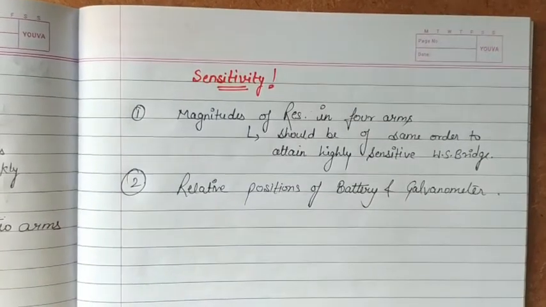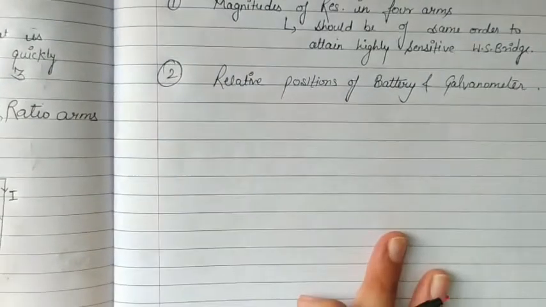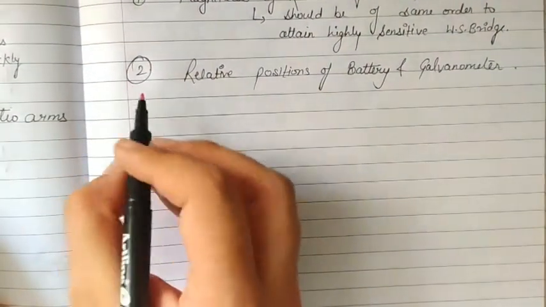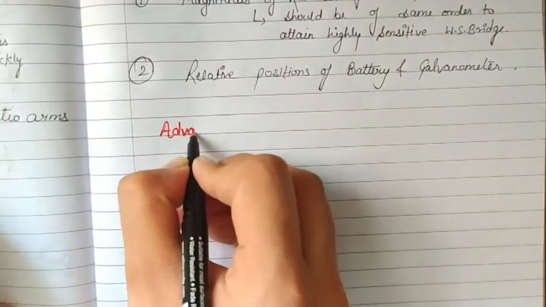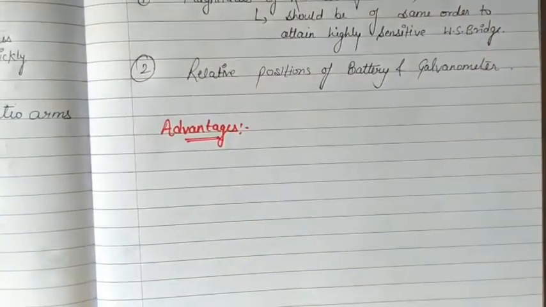The next thing that we are going to study is the advantages of using this method to find a resistance. Means why we are choosing this method to find an unknown resistance. So what are the advantages of using a Wheatstone bridge method?